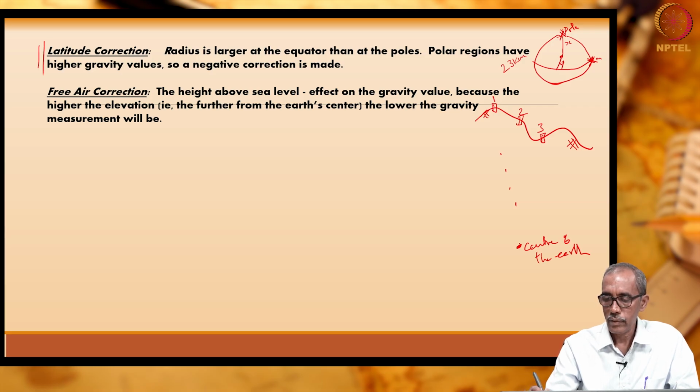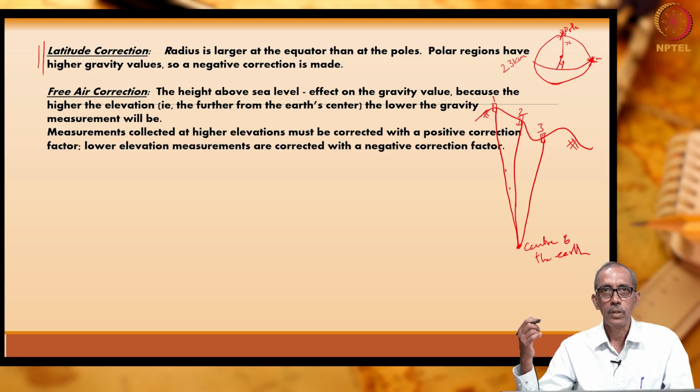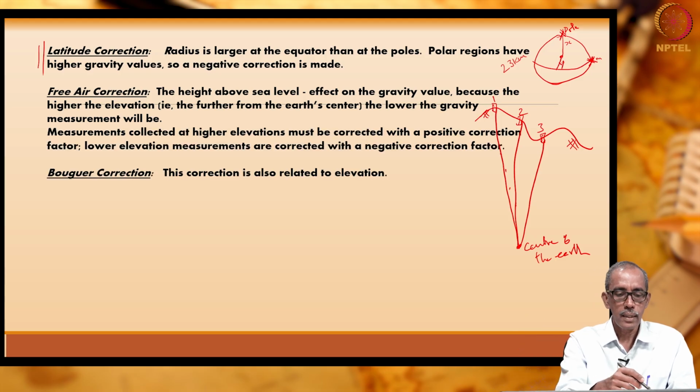From the center of the earth, station 1 is a little bit away compared to station 2. Similarly, stations 2 and 1 are much more away from station 3, isn't it? This has to be corrected for. That is what is known as free air correction. In free air correction, we try to overcome this issue.